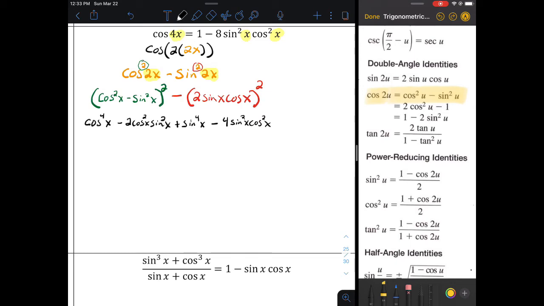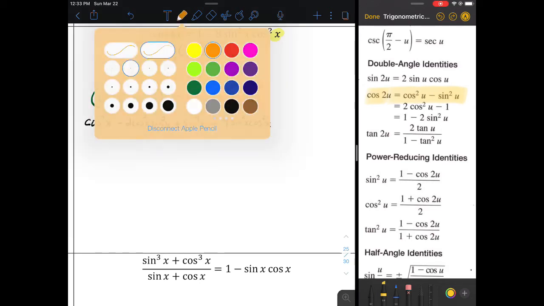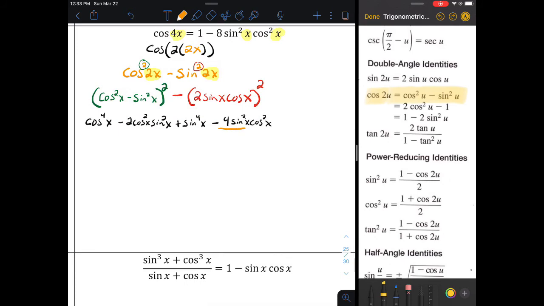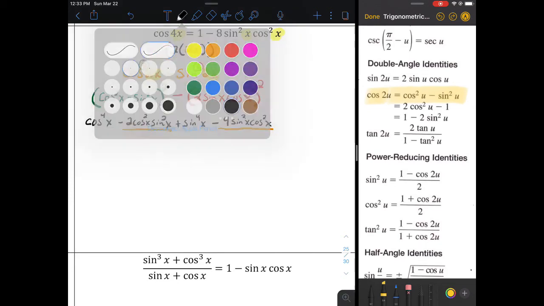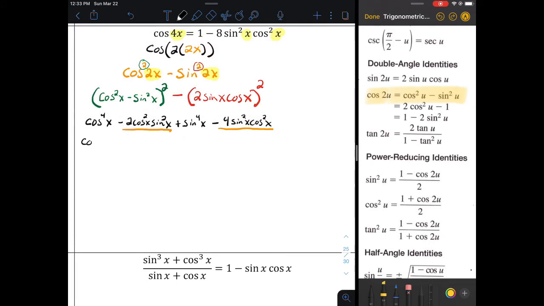You say, wow, this thing has really started to blow out of proportion a little bit here, but we actually got something that we needed. We have this sine squared and cosine squared term. And so I can put those together, and we have cosine to the 4th x plus sine to the 4th x minus 6 cosine squared sine squared.